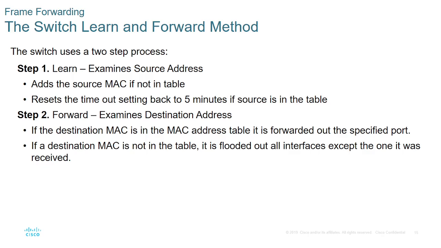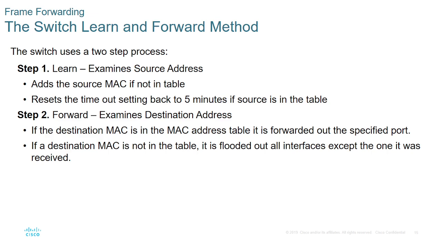So a switch will use a two-step process before forwarding the frames. Step 1 is to learn. It examines the source address and adds it to the MAC address table if it is not there. It then resets the timeout back to 5 minutes if the source is already in the table. Then after learning the source, it does forwarding.